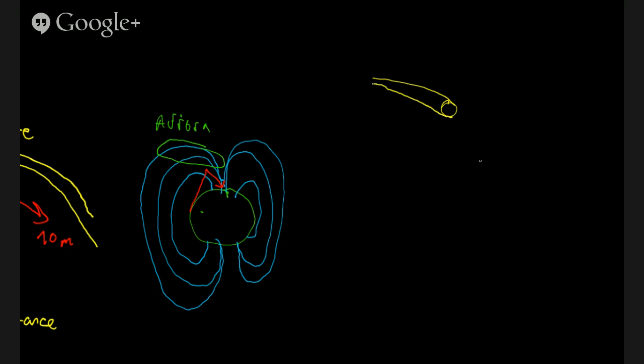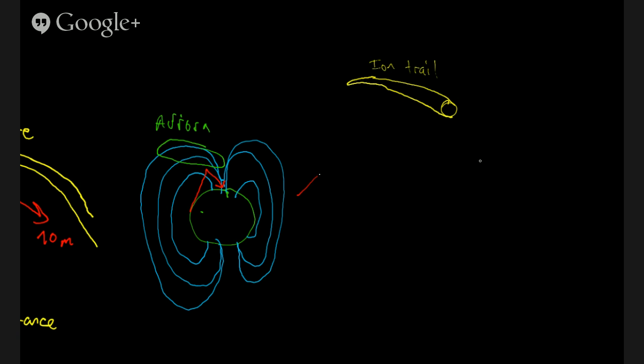Meteorites, as they are entering the atmosphere, leave an ionizing trail which provides a nice surface for radio waves to be scattered and reflected from.